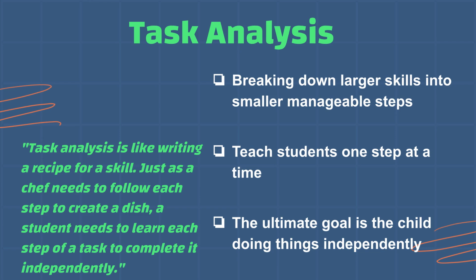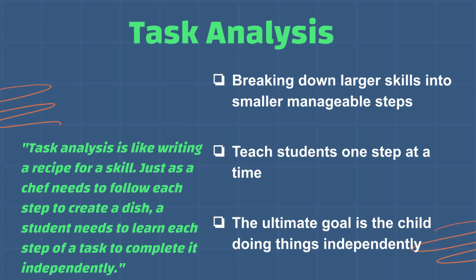If I were forward chaining how to wash your hands, and my first step of that task is to walk to the bathroom, then I'm teaching the student to walk to the bathroom independently, and then I'm helping with the other steps, such as turning on the water, getting the soap, rubbing your hands together, rinsing off your hands, turning the water off, getting a paper towel, drying your hands, and throwing the paper towel away. Also, leaving the bathroom is another important part of that task.